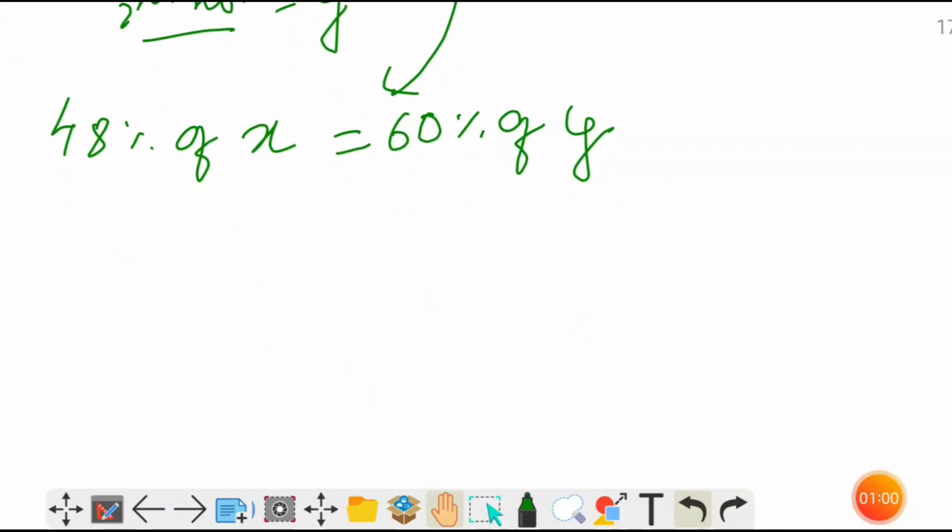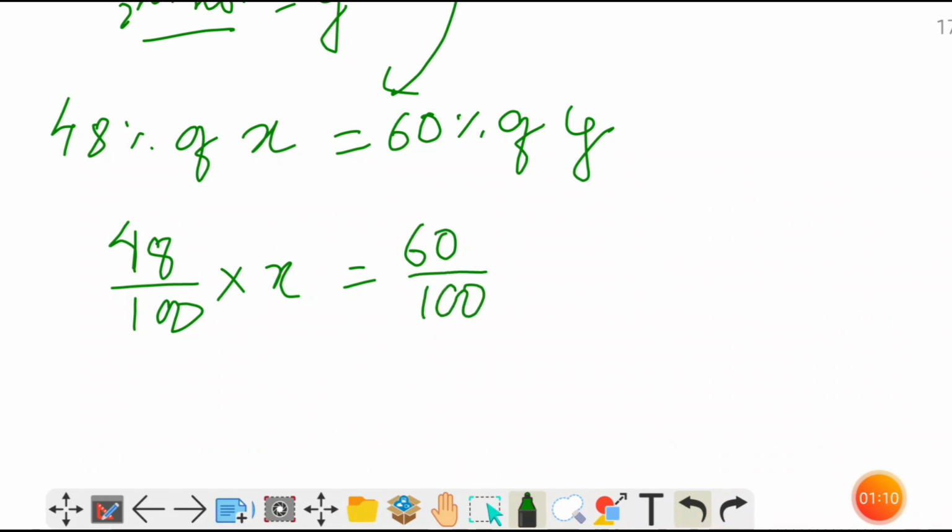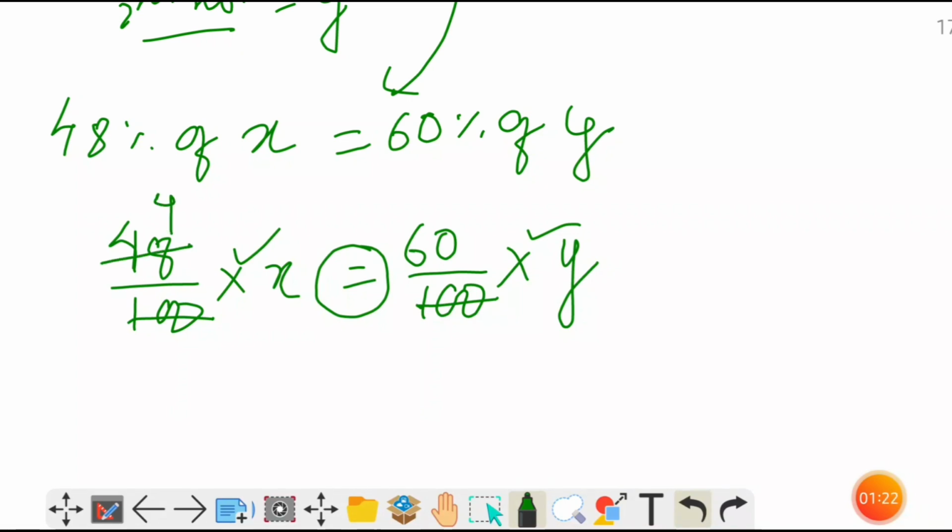Now, 48% means 48 by 100, of means multiply, into x equals 60 by 100 into y. Now we'll cancel out 100 since there is an equals sign in between, and we can cancel out 48 and 60 in the numerator too. By cancelling out by 12, we get 12 4s are 48, 12 5s are 60.